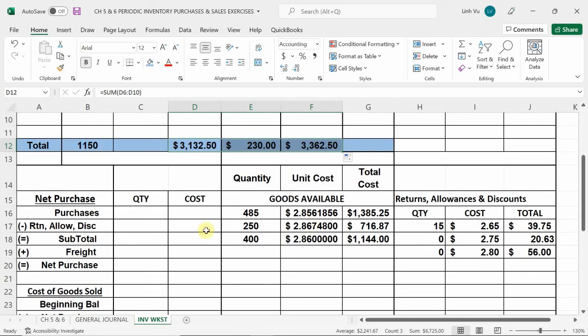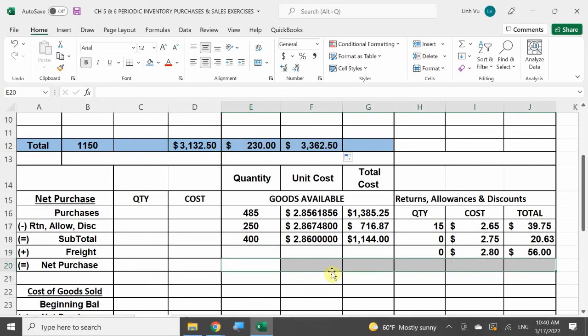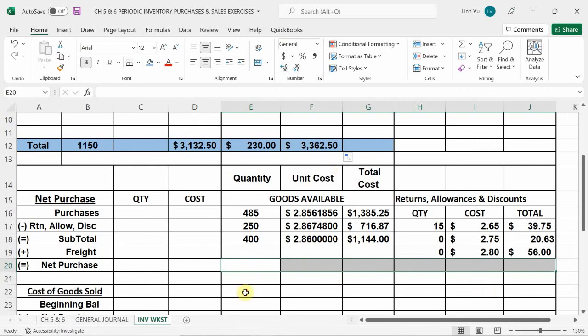$3,362.50. Here I need to solve for my total goods available and my total returns and allowances.